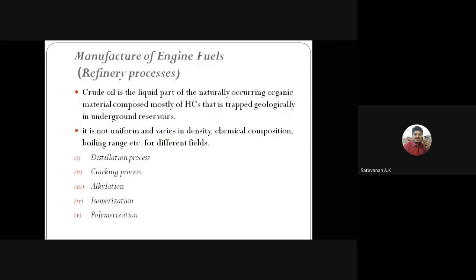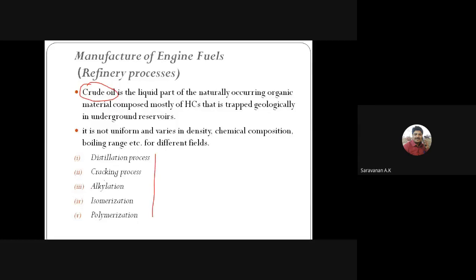Then the manufacturing of the fuels. Whatever the fuels may be, all the fuels will be produced from the crude oil, right? So we have some refinery processes, and due to the refinery processes, we can get plenty of products. What is the distillation process? What is the cracking process, that is thermal cracking, and alkylation, hydrogenation, and polymerization. These are the refinery processes.